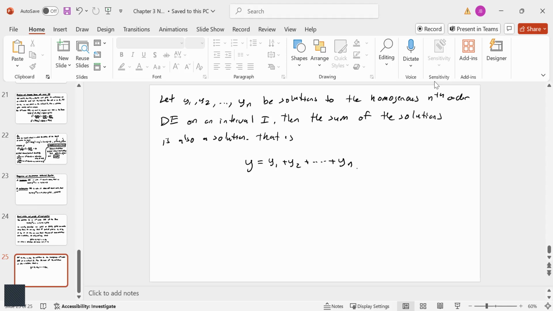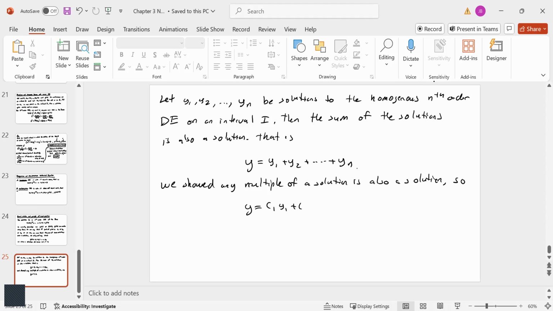Now, we showed any multiple of a solution is also a solution. So y equal to c1 y1 plus c2 y2 plus dot dot dot plus cn yn. And that's the principle of superposition right there. It always ends up looking like that.